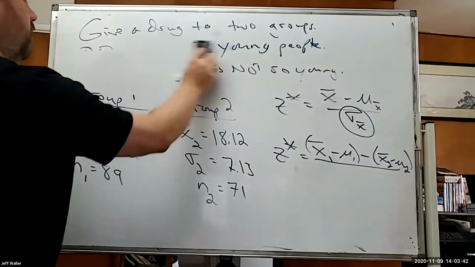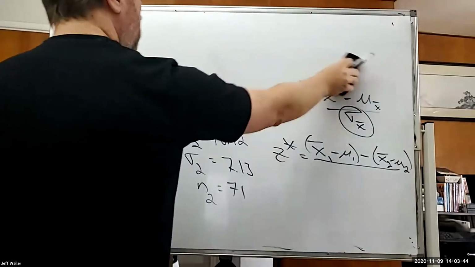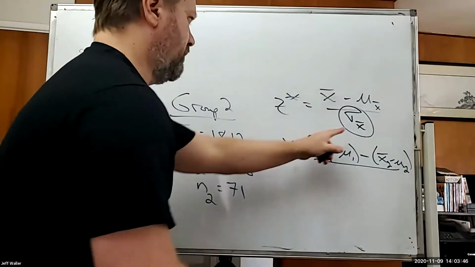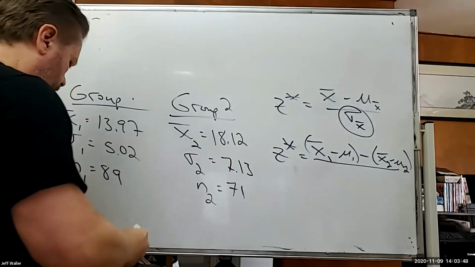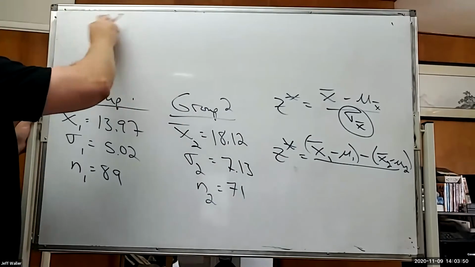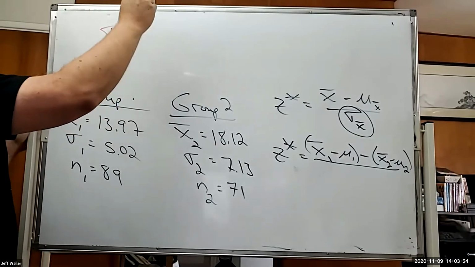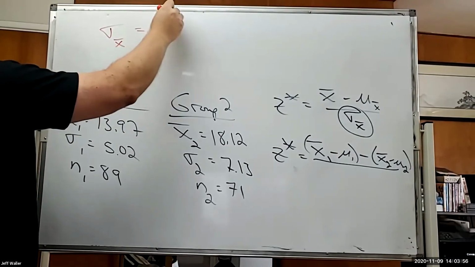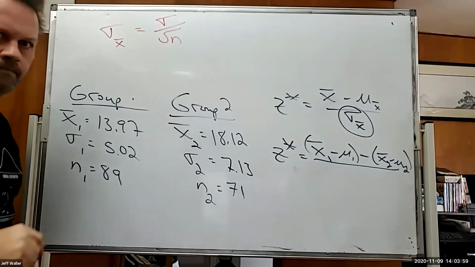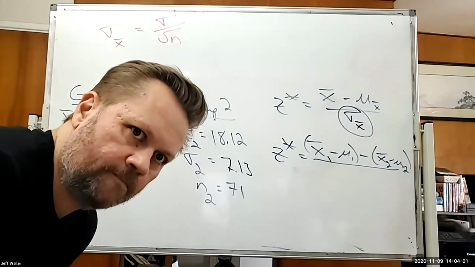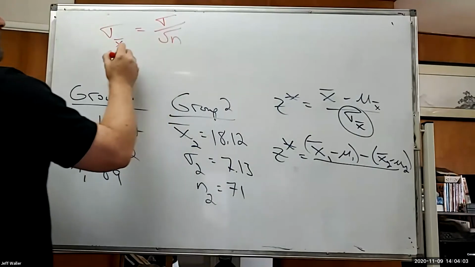All right, so I'm going to take this away for a minute. You know what the setup is. So let me work on this part up here. Remember, what is sigma x bar anyway? That's sigma over the square root of n, right? So what's sigma x bar squared?